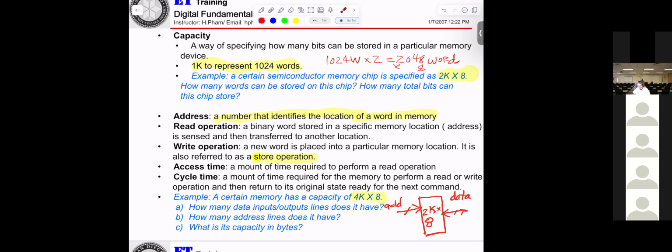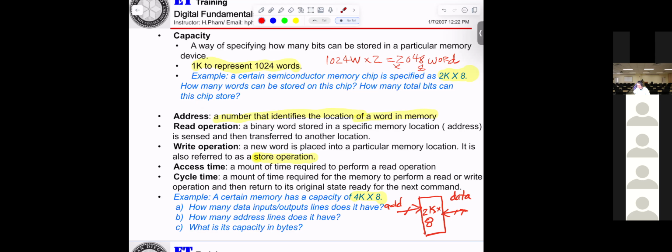Cycle time. A certain memory has the capacity of 4K by 8. How many data input output lines does it have? Okay, 4K, where 1K is 1024, times 4. And the 8 here is 8-bit wires.